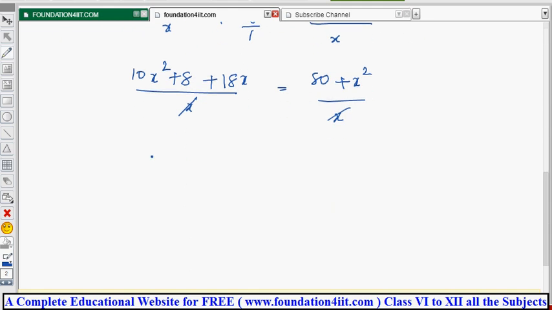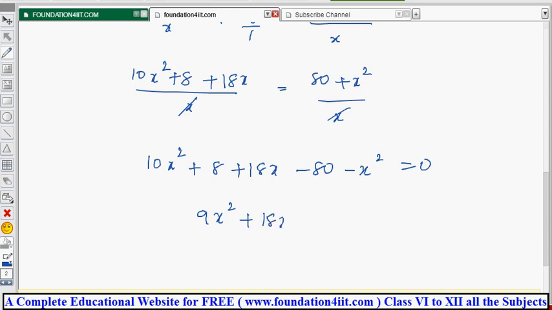Now let us simplify this. Take the terms to one side. So 10x square plus 8 plus 18x minus 80 minus x square is equal to 0. These two terms we took from the right side to the left side. Then 10x square minus x square is 9x square, plus 18x, minus 80 plus 8, so minus 72, is equal to 0.